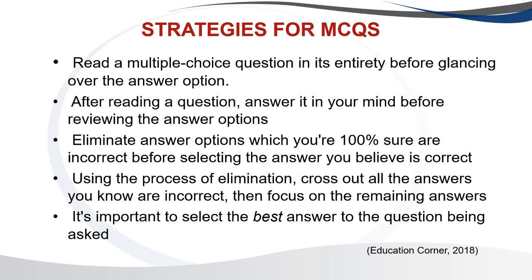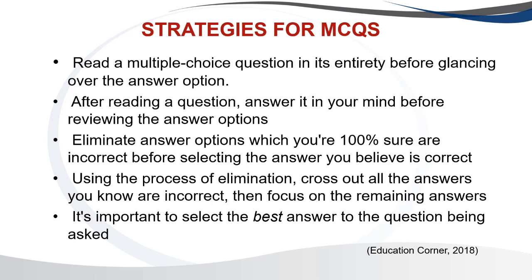Then you go and look at the answer options. When you look at the options, use a strategy we call eliminating. Eliminate the answer options which you are 100% sure are incorrect before selecting the answer you believe is correct.